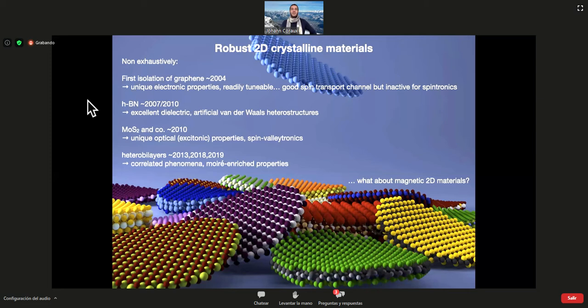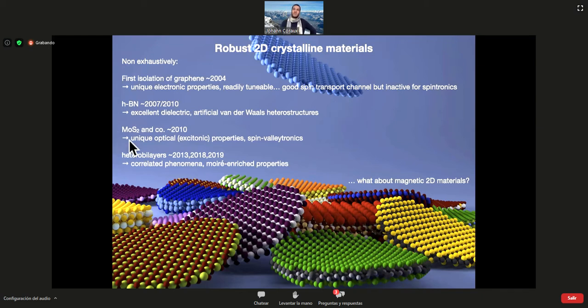Then, a few years later, came the advent of boron nitride, which turned out to be an excellent dielectric material, and also especially suited to assemble what has since been called van der Waals heterostructures.